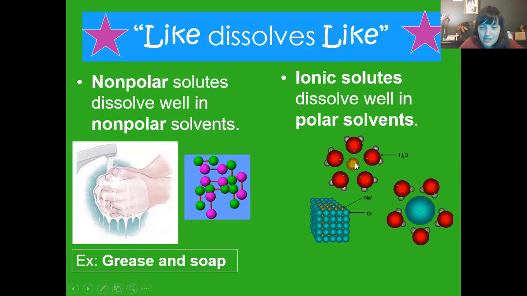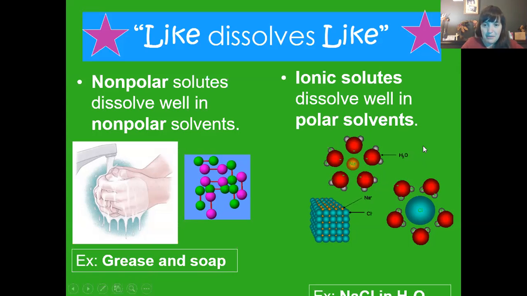So ionic solutes turn into ions that are positive and negative, and polar molecules have an end that's kind of negative and an end that's kind of positive. So you can see again, this is like the picture from your homework. The polar solvent surrounds the ion and keeps it from reconnecting, rebonding back to the other ion. It keeps them separate. It keeps them dissolved.